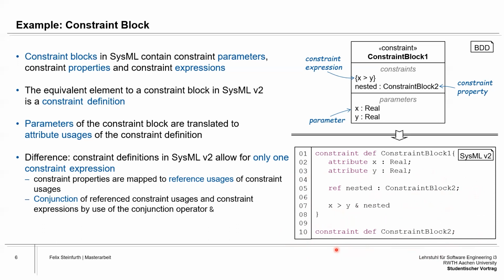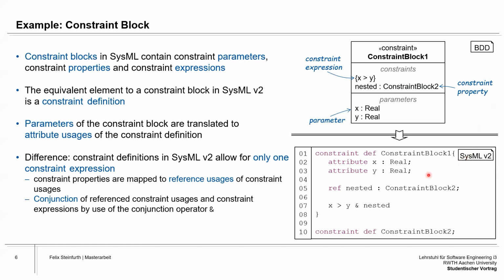When we mapped all constraint properties to reference usages, we then use a conjunction of all reference constraint usages and constraint expressions by using the conjunction operator AND in order to provide a singular constraint expression that fulfills all the constraints which are defined by the different constraint expressions and the constraint properties of the constraint block in SysML.